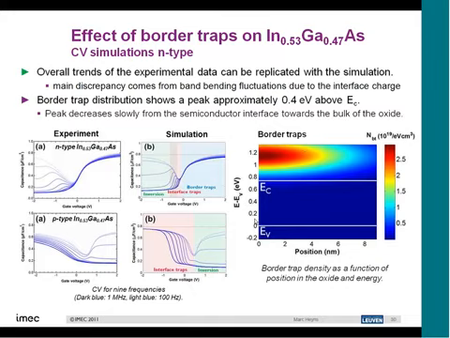So this is energy here, this is position into the oxide, and here you see the red part, which gives you a high density of traps in the oxide.